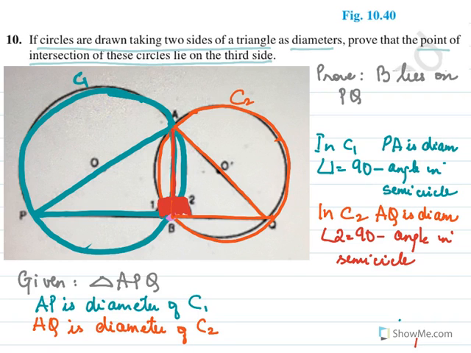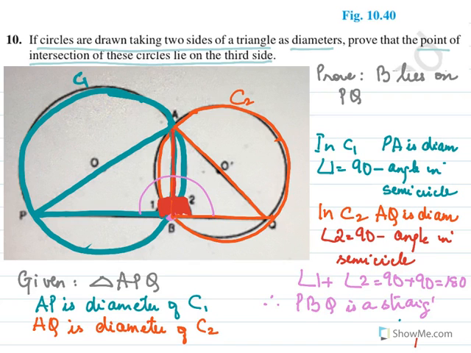So here now we can see that angle 1 plus angle 2 is 90 plus 90 equal to 180. Therefore PBQ is a straight line. If it is a straight line, we can say B lies on PQ. Straight line means 180, a straight angle.